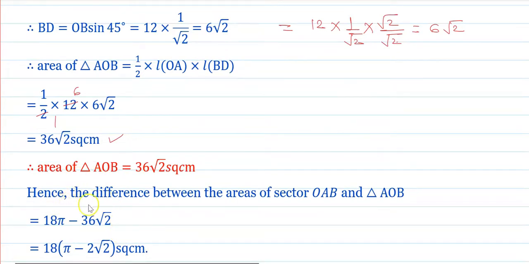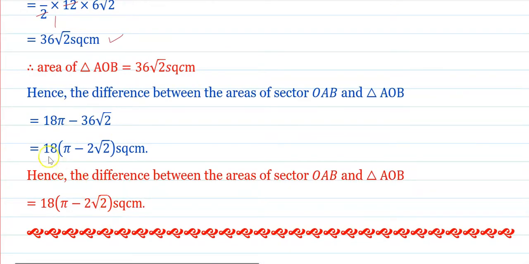And hence the difference between the areas of the sector OAB and the triangle AOB is equal to 18 pi minus 36 root 2. 18 is common here, pi minus 2 root 2 square centimeter. Hence the difference between the areas of the sector OAB and the triangle AOB is equal to 18 in bracket pi minus 2 root 2 square centimeter.